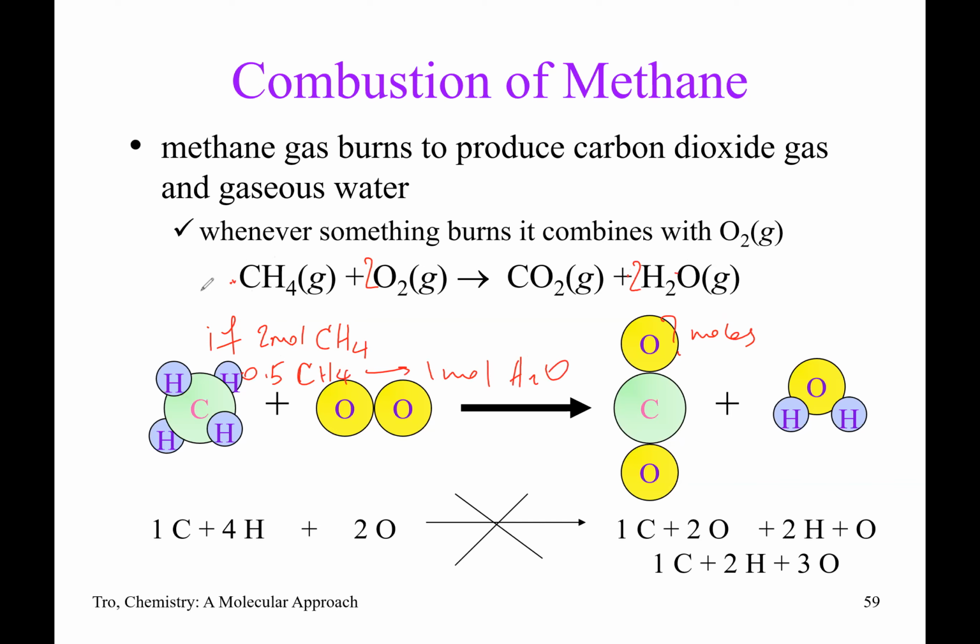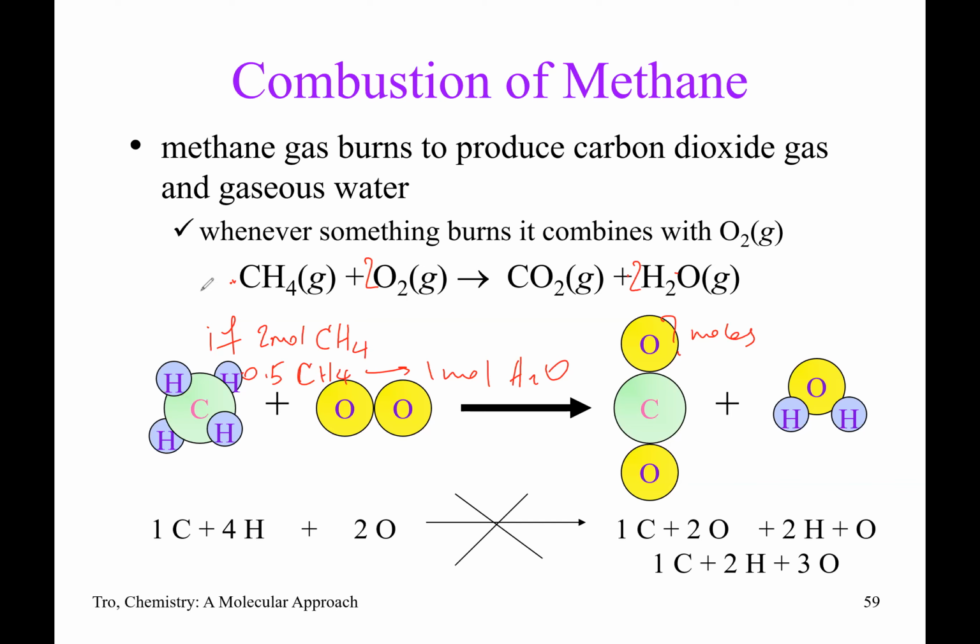So you can use the coefficients as the mole ratio or number of particles. You could also use grams, but it's best to convert everything to moles and then work with the moles, because once you have the number of moles, you can convert that into grams later.